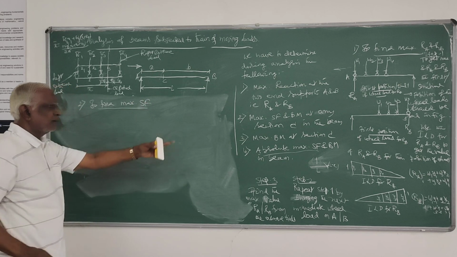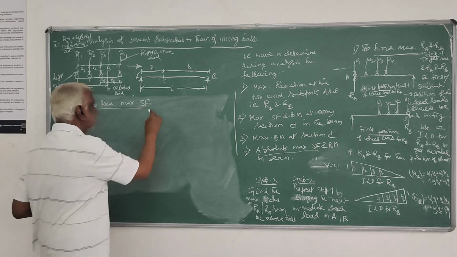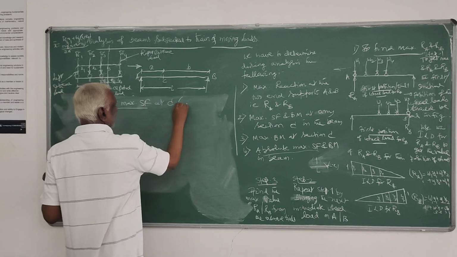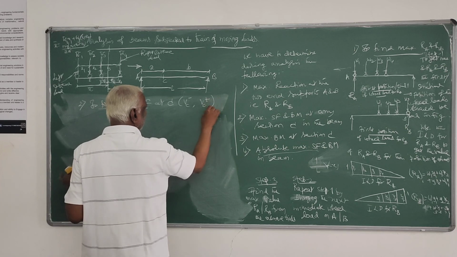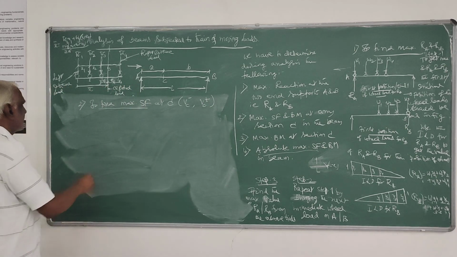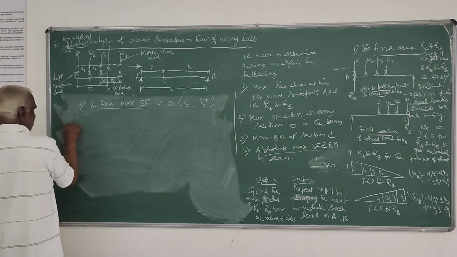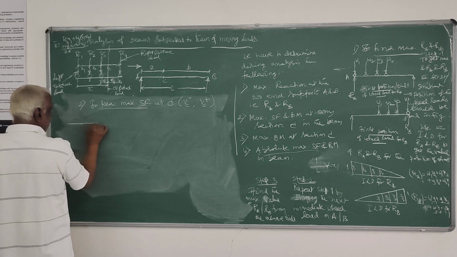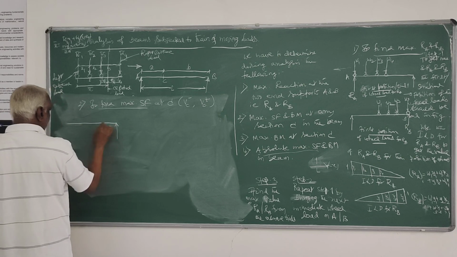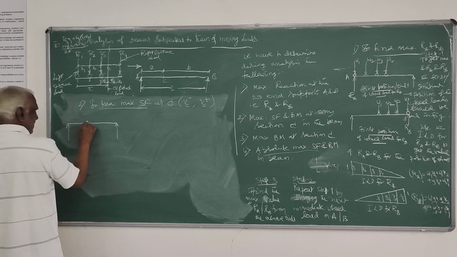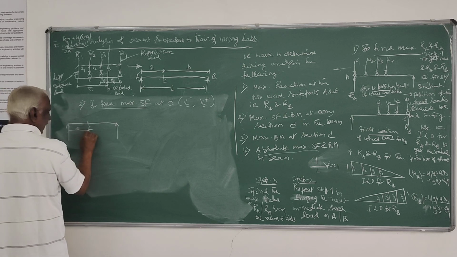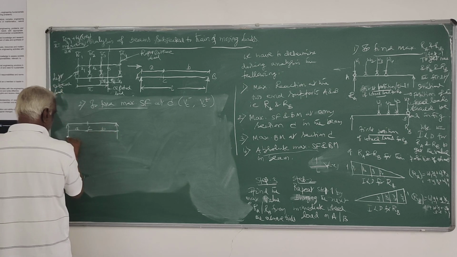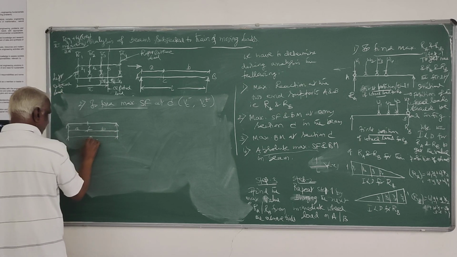We will take first the maximum shear force at C, both negative shear and positive shear. So here, the first trial: you have the beam, you have the section C, the distances A and B, and the total length is L.